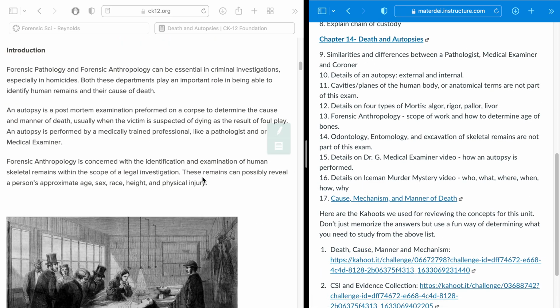And I'm going to scroll through the textbook. So this is chapter 14 in our textbook. And there are a couple of careers listed right up here at the top. Pathology and anthropology. These two relate to using the body to try to determine cause and manner and mechanism of death.